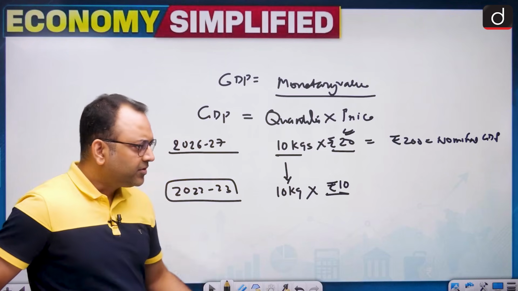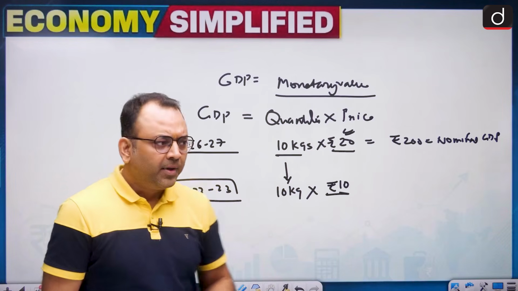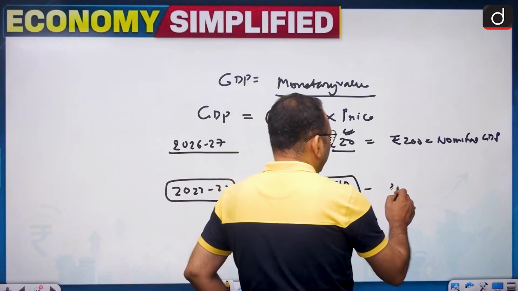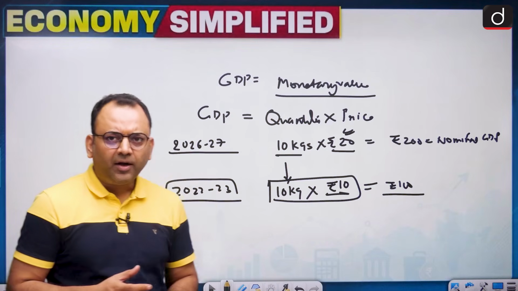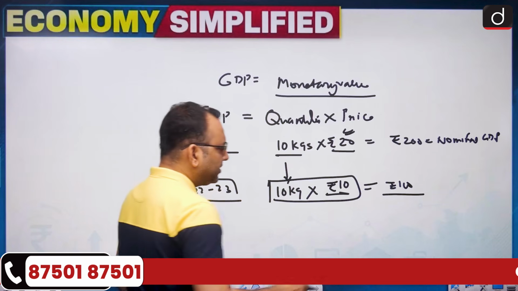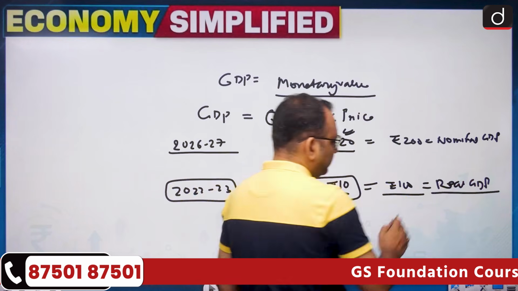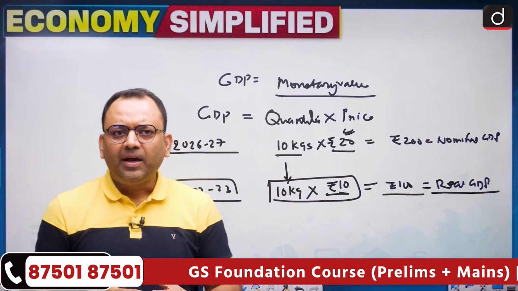In this year the price was alright and the current year the price is highly inflated, and that is why we should take a GDP based upon this price. So GDP is rupees 100. This GDP of rupees 100 is based upon a real price and hence it's called a real GDP.